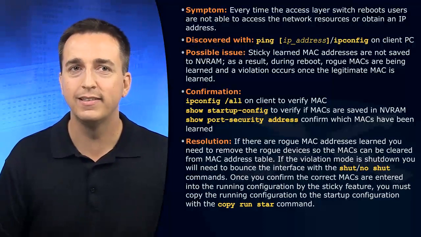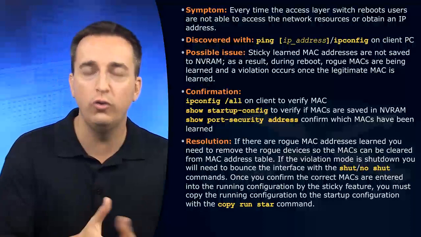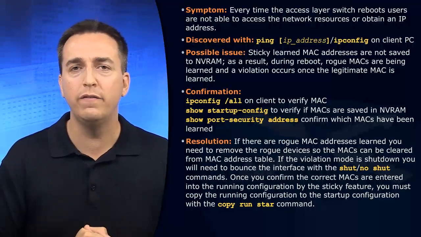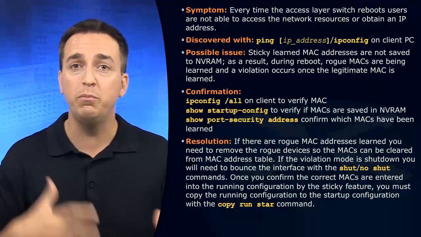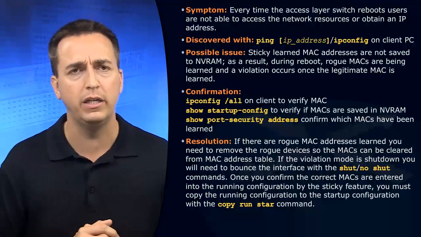Yes, it is. As a result, no new users can connect to that port. So that could be an issue in an environment where users are constantly moving around and changing. You don't really want the sticky feature being utilized.